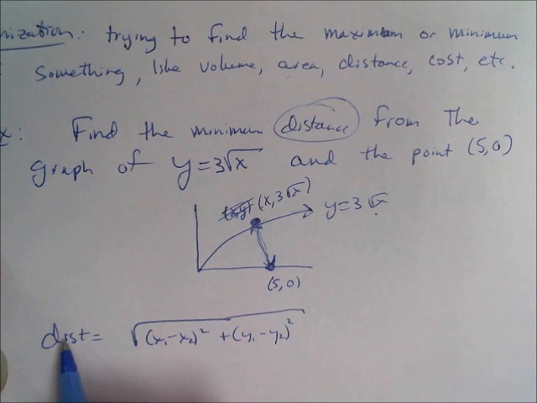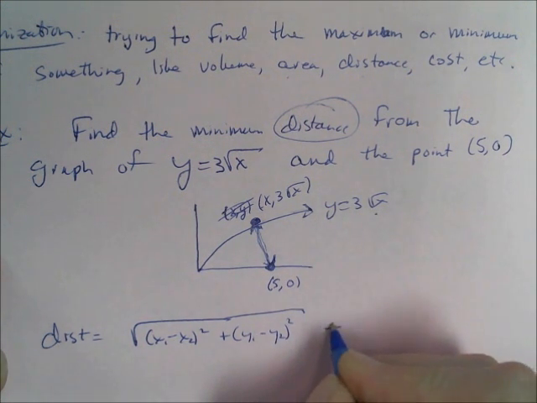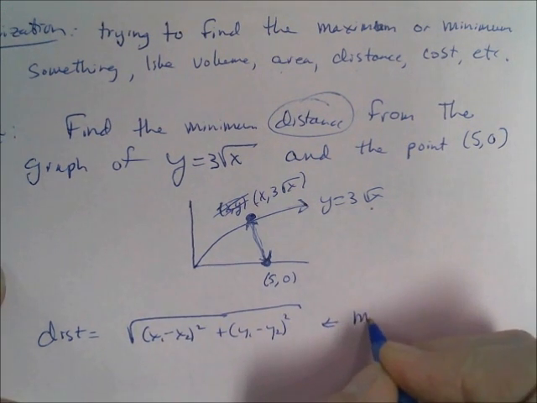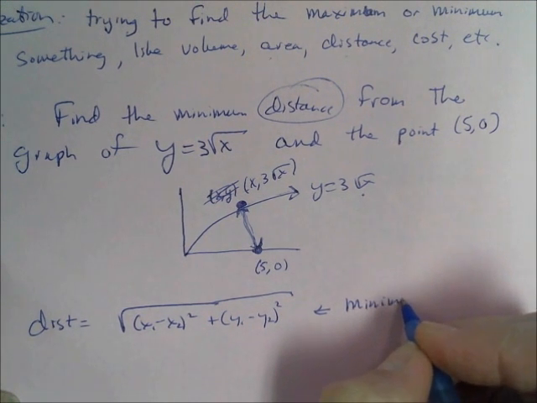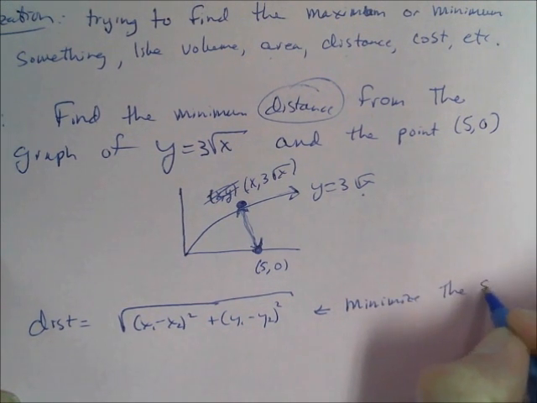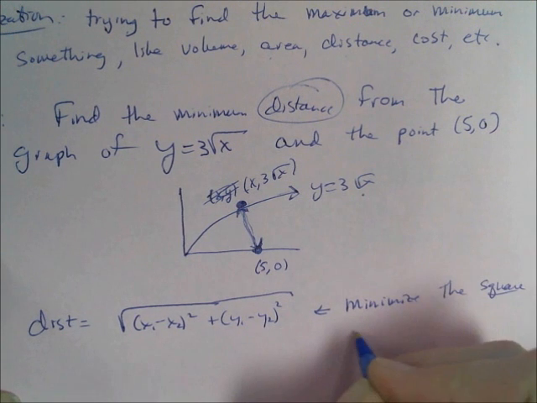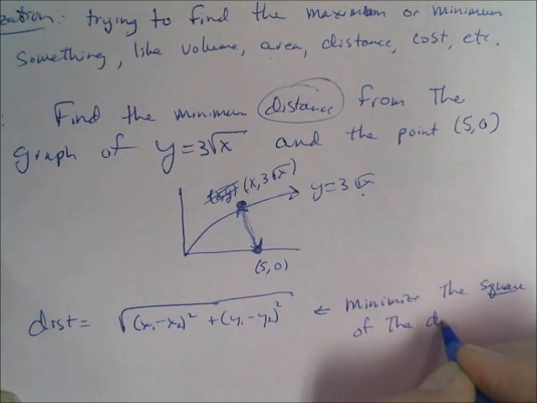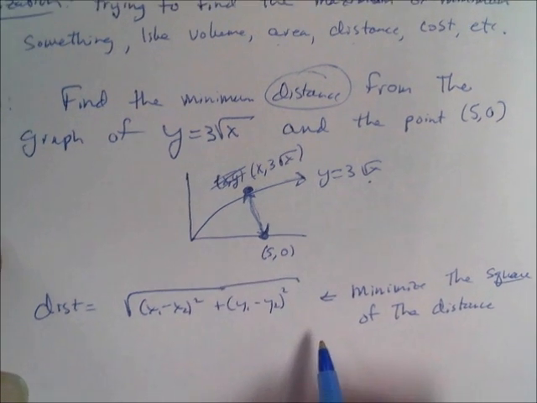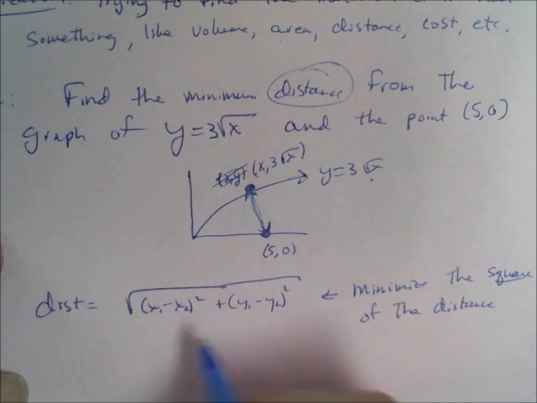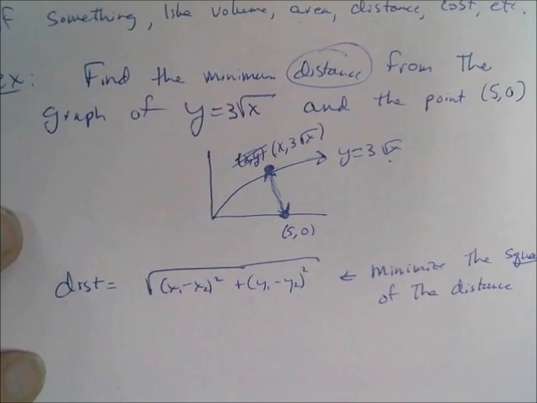So if we ever have to use the distance formula, to eliminate this square root issue, we can minimize the square of the distance, and it's going to make our life a lot easier. Because if the square of the distance is minimized, so is the distance. So it just prevents taking a derivative of a radical, which sometimes gets messy.